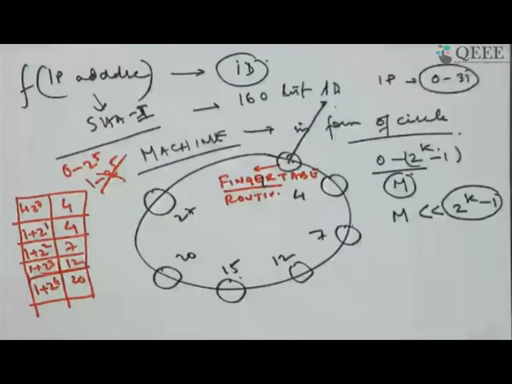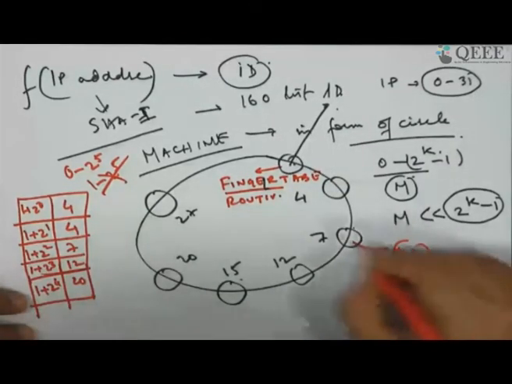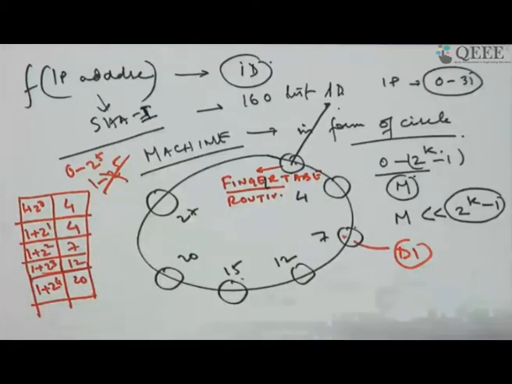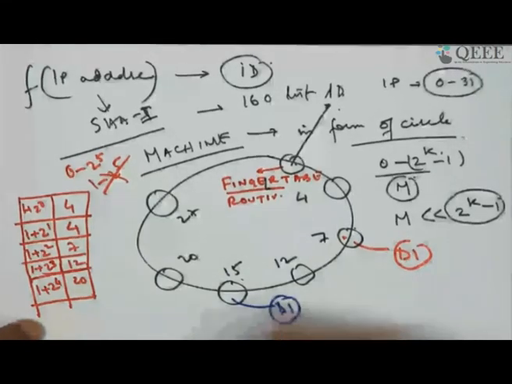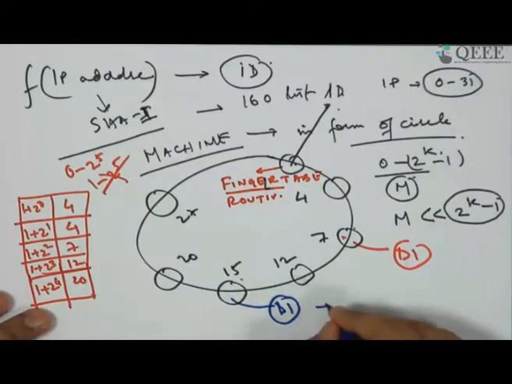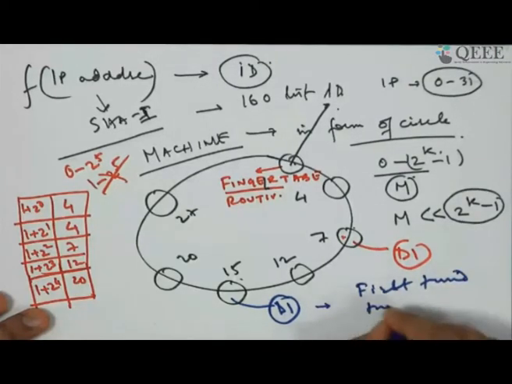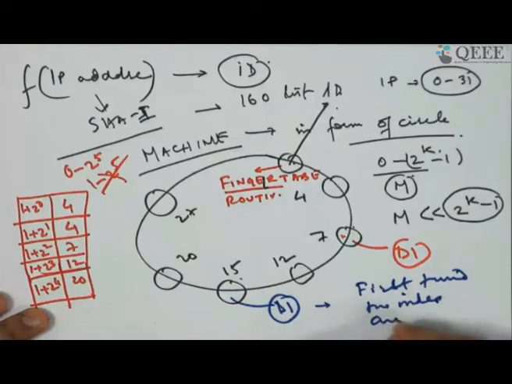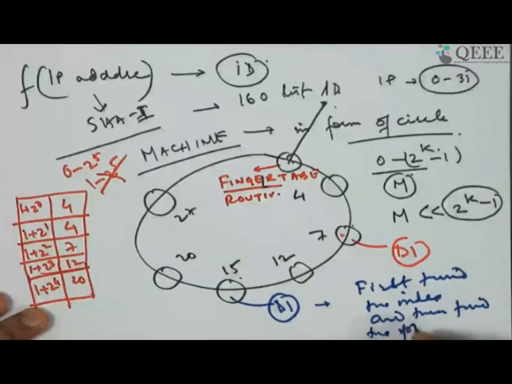Say this is a document which physically resides in machine 1, but it is indexed in machine 15. It is indexed in machine 15. Okay. So then what happens? Then what you do, first find the index and then find the physical machine.